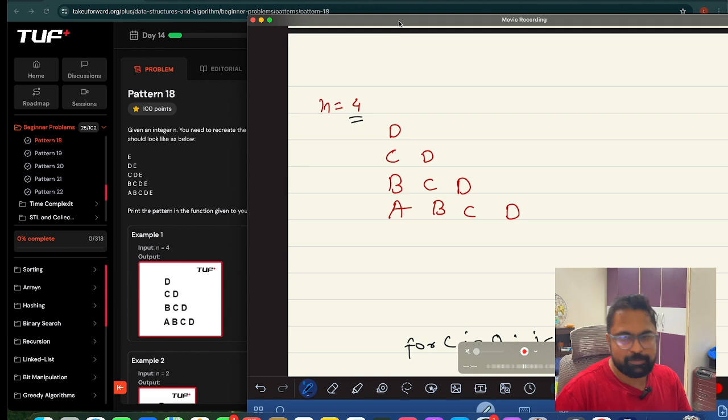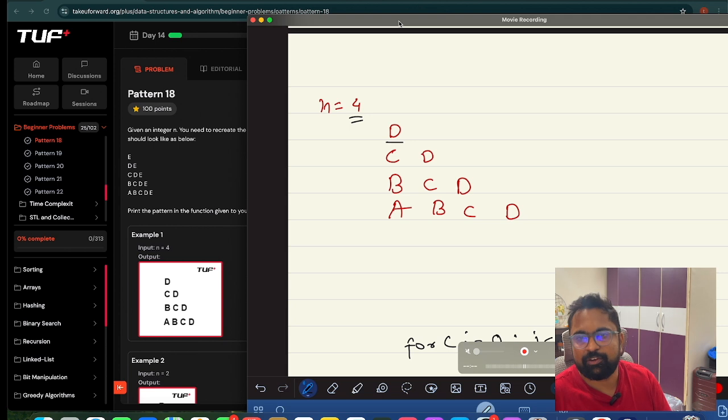Pattern problems are usually about visualizing the particular pattern and trying to identify some similarities around the rows. Here we can see it is something different, right? It is not like A B C D starting with A or something like that.